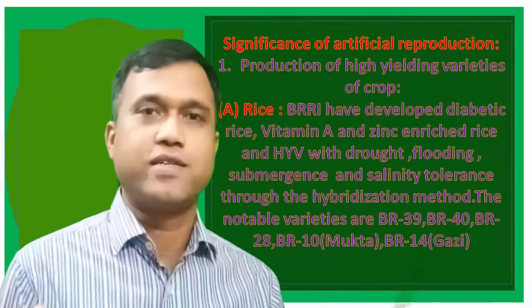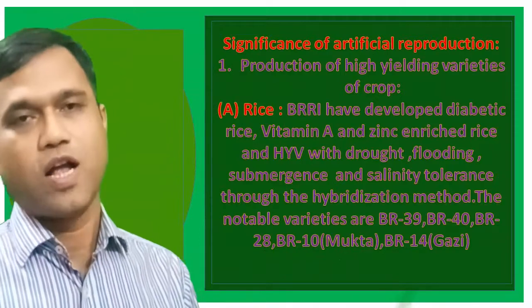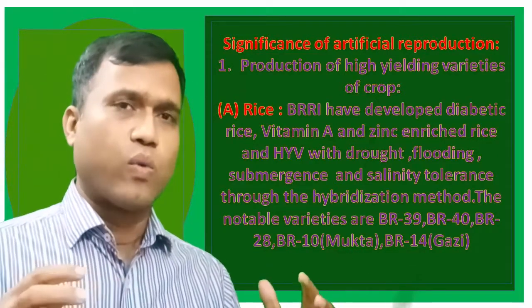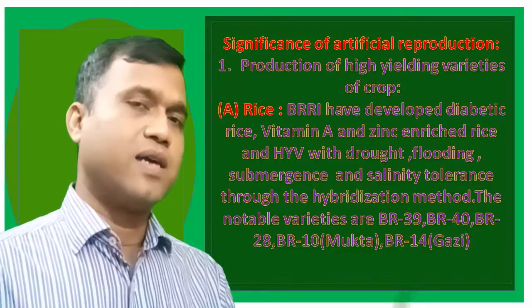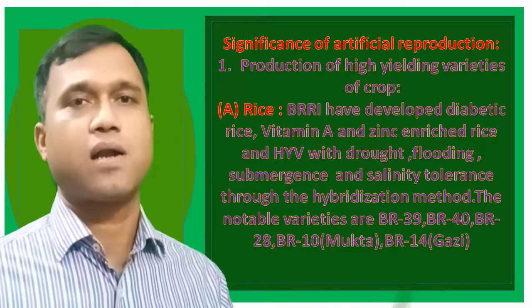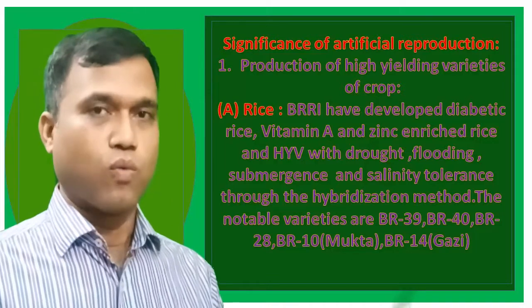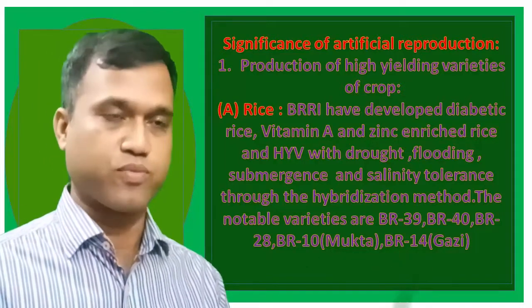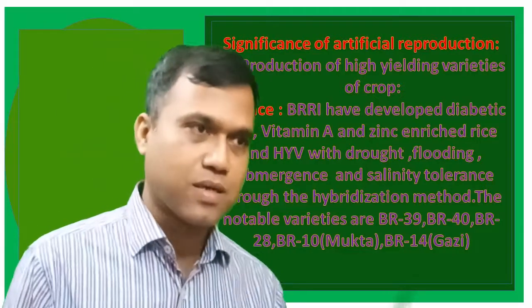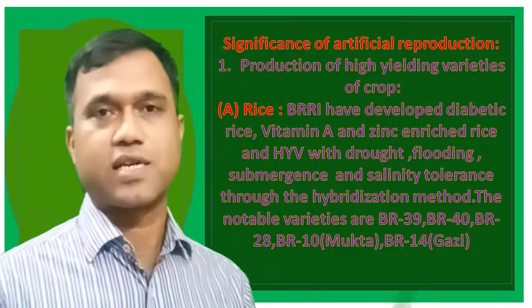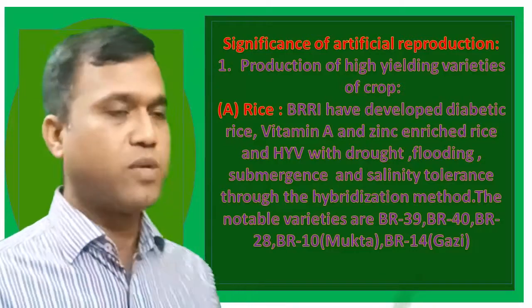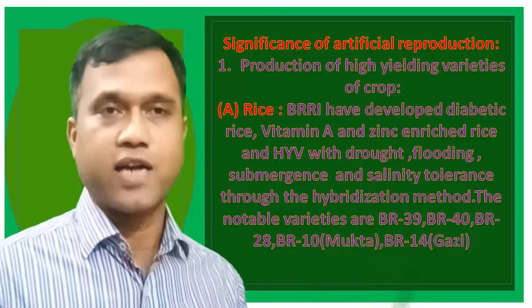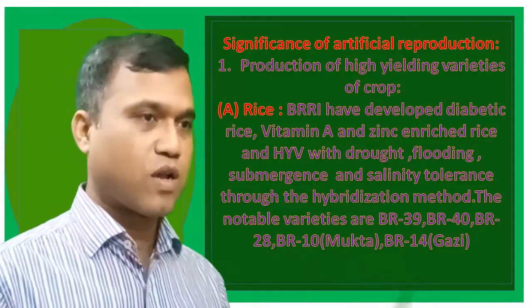Now we have to learn about the significance of artificial reproduction. By the process of artificial reproduction or artificial hybridization, we produce high yielding varieties of different types of crops, such as rice. The Bangladesh Rice Research Institute developed diabetic rice, and vitamin A and zinc enriched rice.